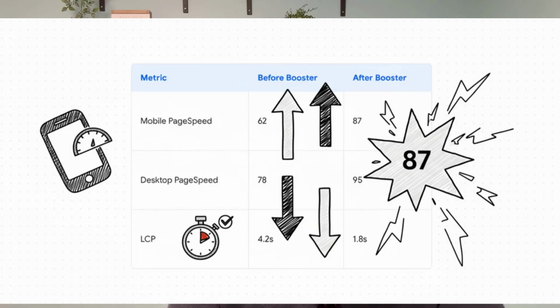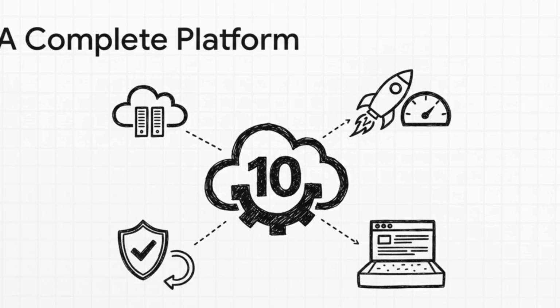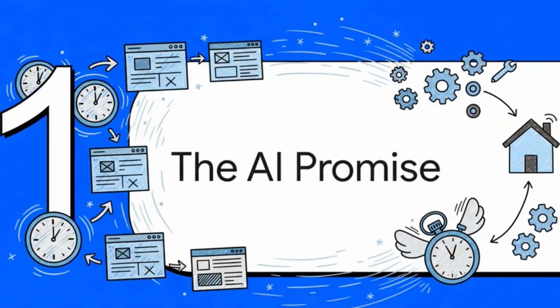Second, it provides AI generated themes and layouts. It also includes hosting, speed optimization, and security. And it also has a UI based builder which you can use to edit your website. So basically, you get the flexibility of AI and the power of WordPress, which is an amazing combination.